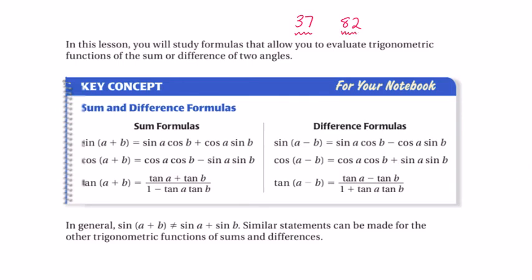And I wouldn't know what the sine of 82 is without using my calculator. However, I'd be able to somehow put those together using a sum or difference. 82 minus 37 does equal 45. So I'd be using those special values, sine and cosine of 45 degrees being radical 2 over 2. So that's just a mini example of something we'd be able to do.